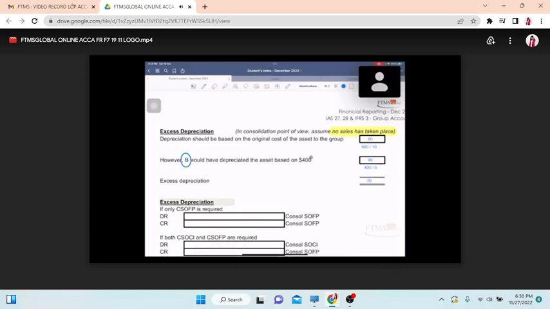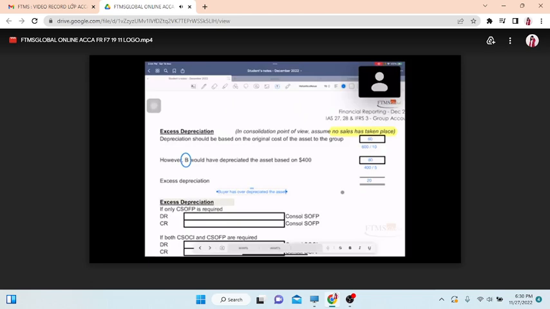Very simple, excess depreciation. Just think about the implication. The implication here is that the buyer has over depreciated the asset.